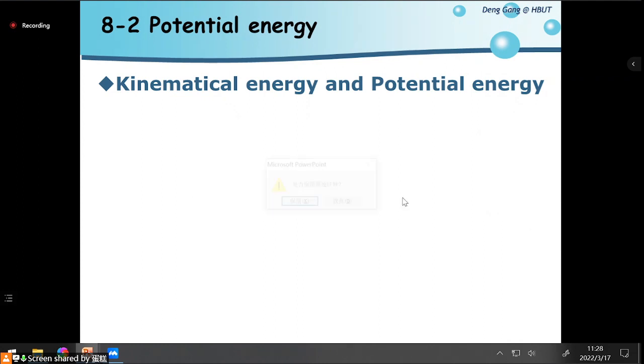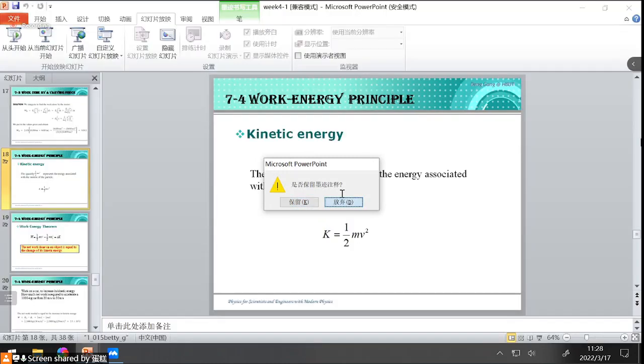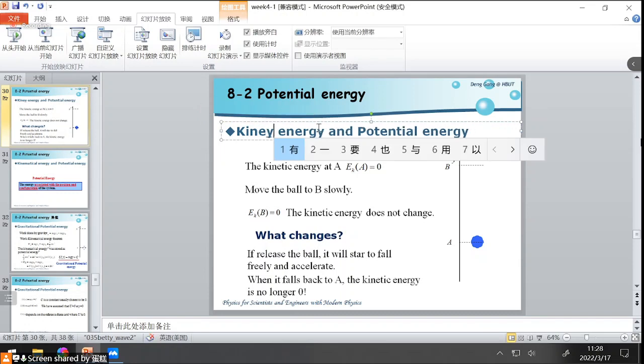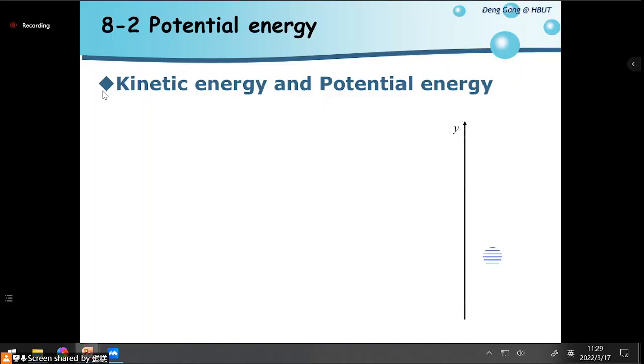The kinetic energy and potential energy. We know what kinetic energy is: half m v squared.